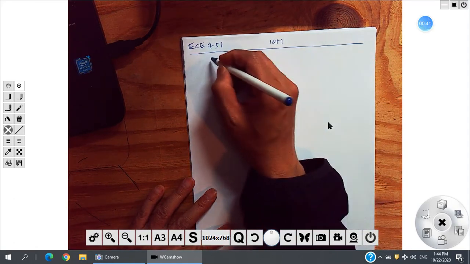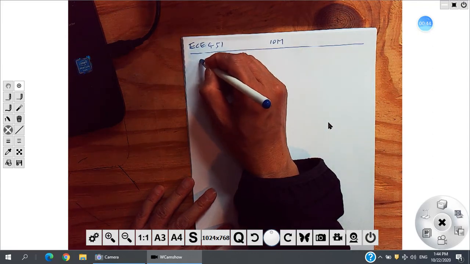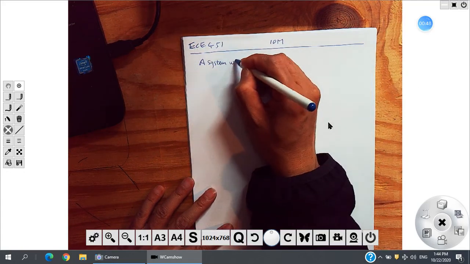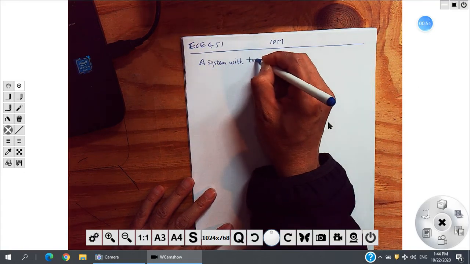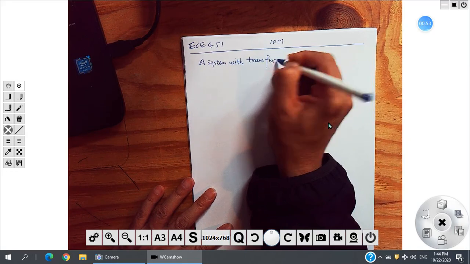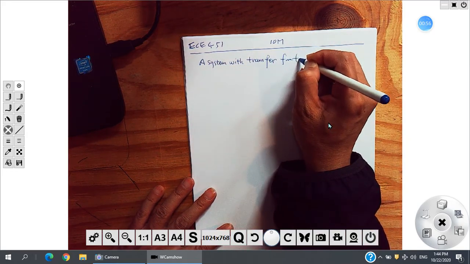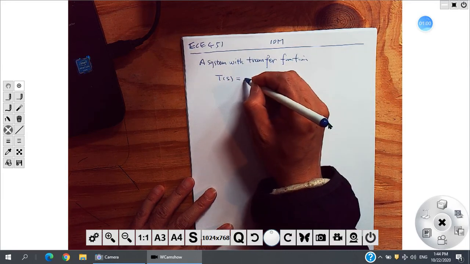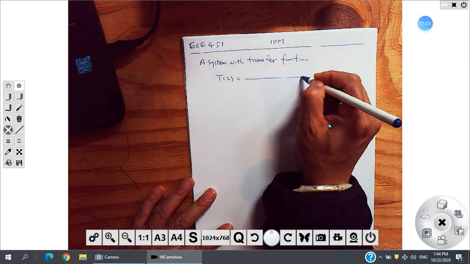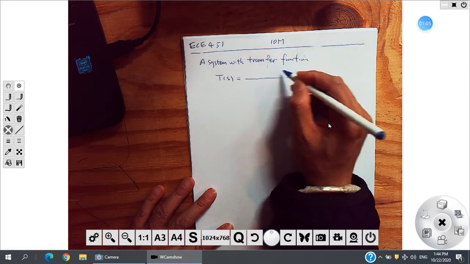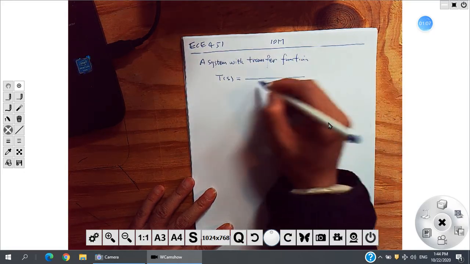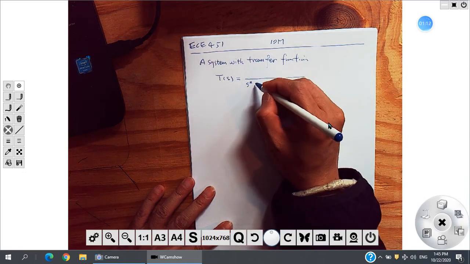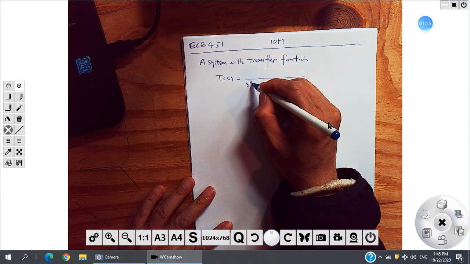Suppose we have a system with transfer function T(s), which is a fraction. I write this in two parts. The first part is a proper fraction: the numerator has lower order than the denominator. Suppose the denominator has order n.